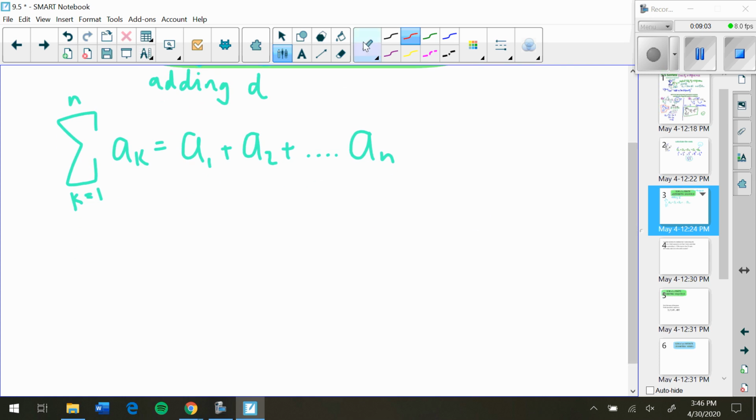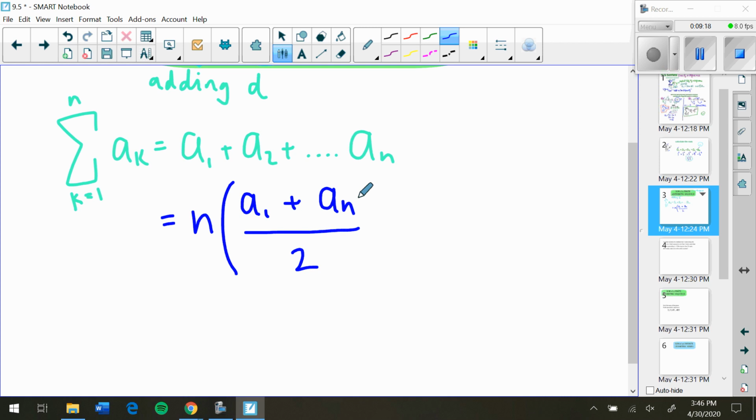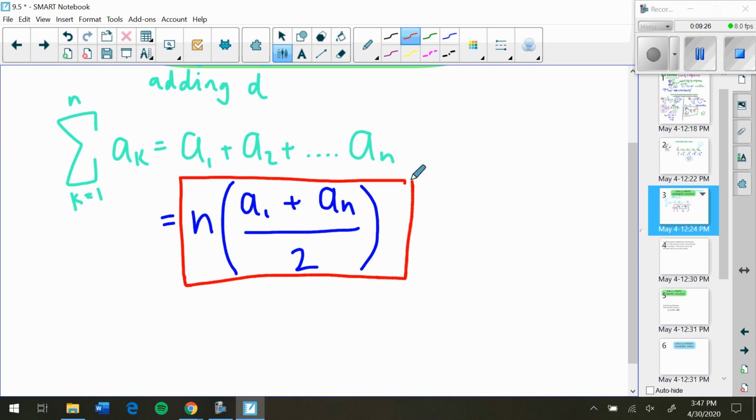There is a formula to do this, and I'm going to give you two different versions of it. The first is we're going to say n, the number of terms, times the first term, a1, plus the last term, a sub n, all over 2. This is one version of the sum of a finite arithmetic sequence.